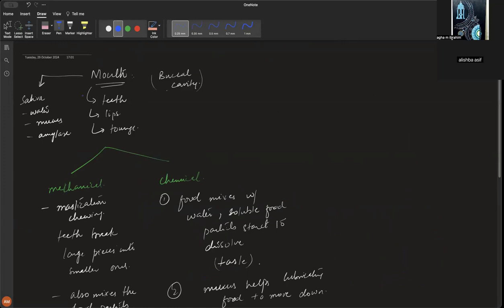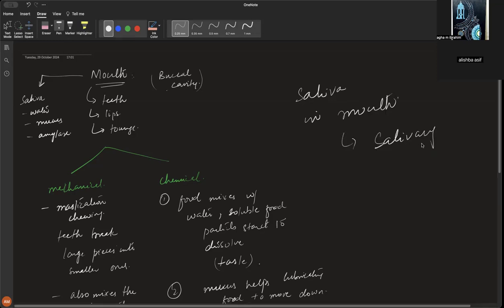You obviously know the saliva in the mouth is actually coming from where? Salivary glands. Right? There are small ducts, salivary ducts, which release the saliva in the buccal cavity. All right.